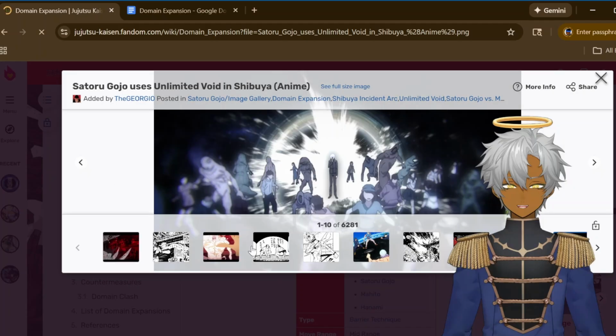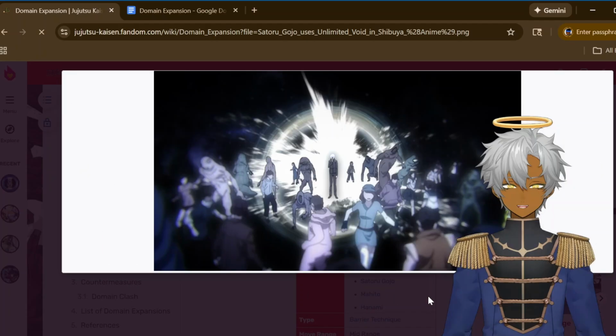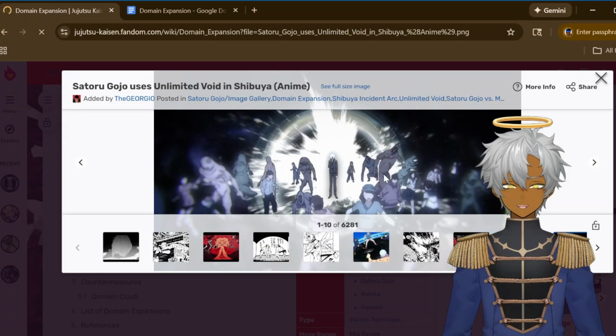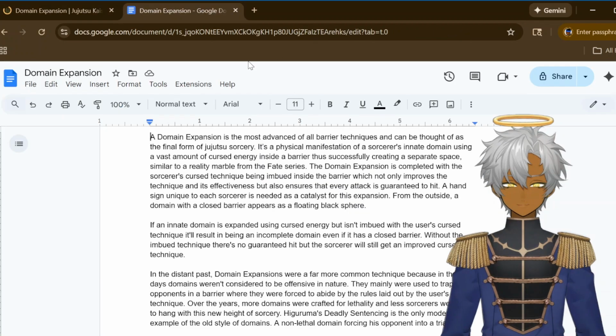So without a barrier, it's easy for anybody to escape, whether they have cursed energy or not. However, now his attacks are stronger, and considering that he's using guaranteed hits, that's going to really damage a lot of people. So now that we've gotten that out of the way, let's continue here.